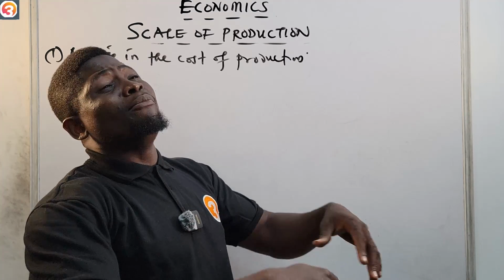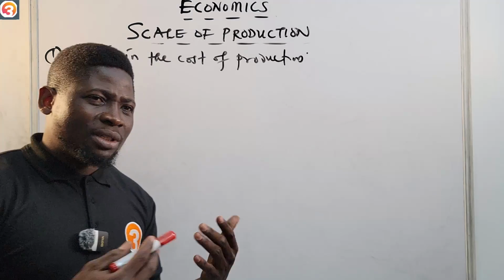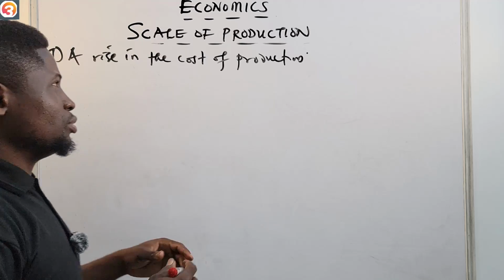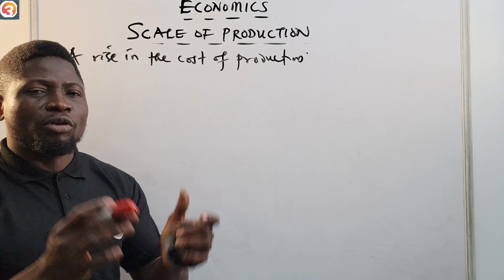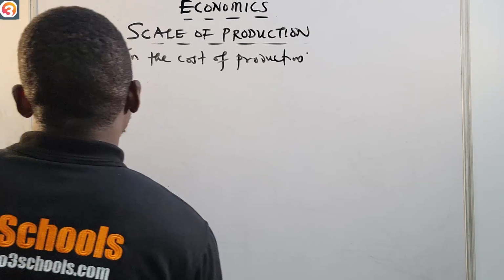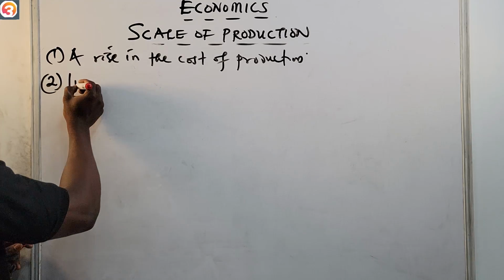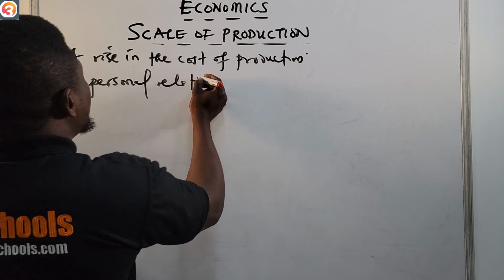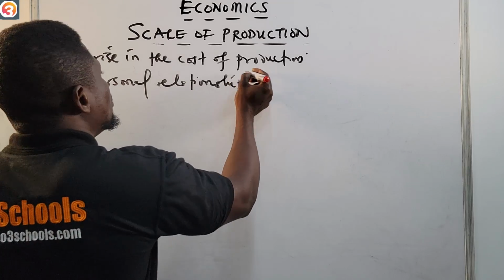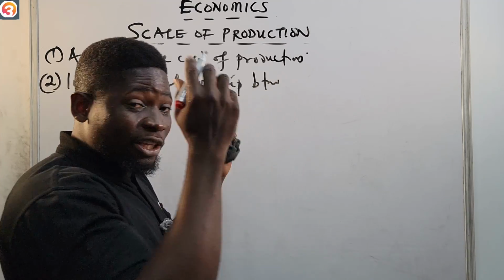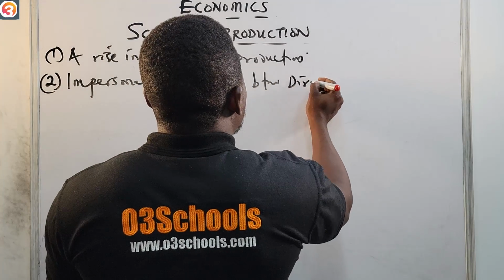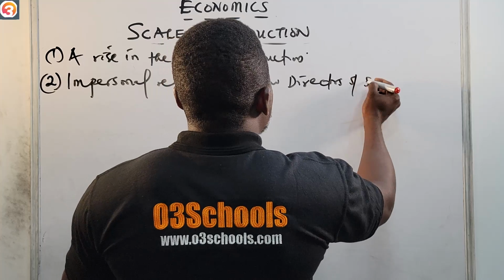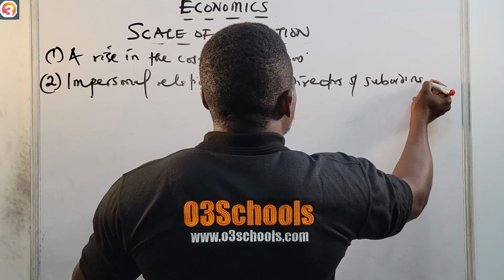If you decide to now go and over expand, you will see that you will now be facing so many issues. So, a rise in the cost of production. Then number two, there will be impersonal relationships between the directors of the firm, between directors and subordinates.